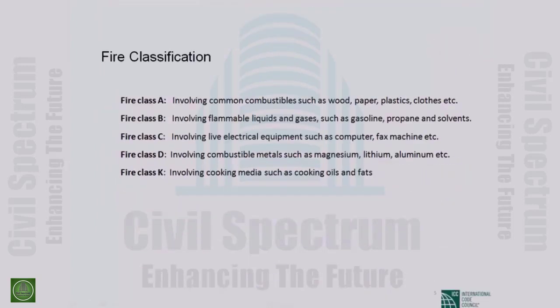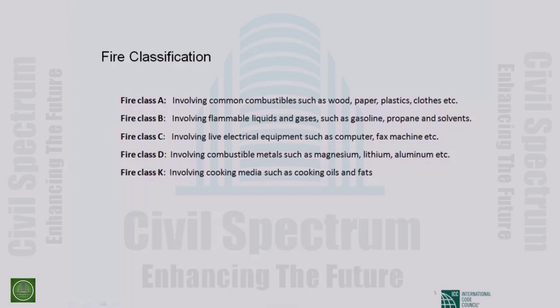So I would like to give some brief idea about the type of fire. Actually, inside the building, the house, mostly it is class A fire. It's a residential building, but there are other type of occupancies that may involve flammable liquids, gas, that is the class B fire. And there are some electrical equipments in computers that will create a class C fire.